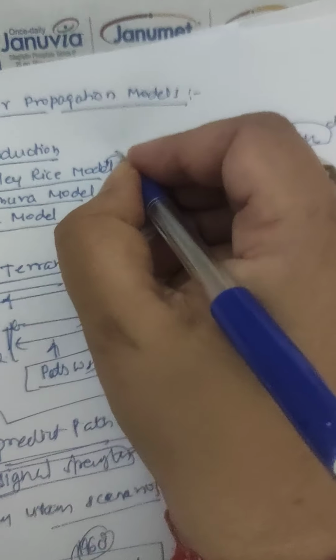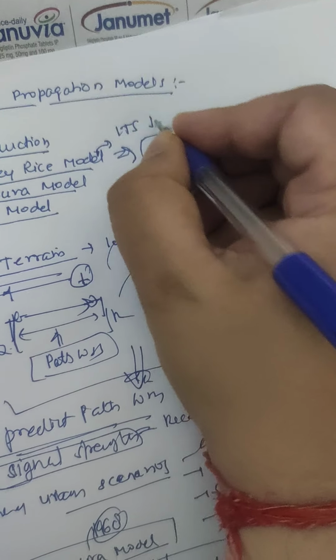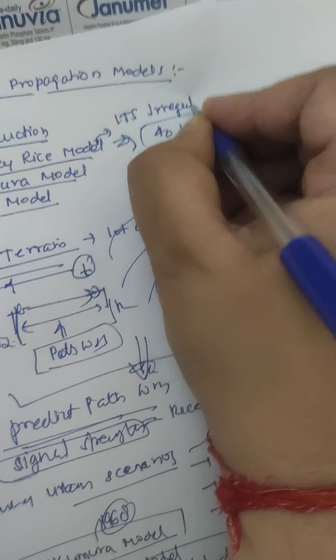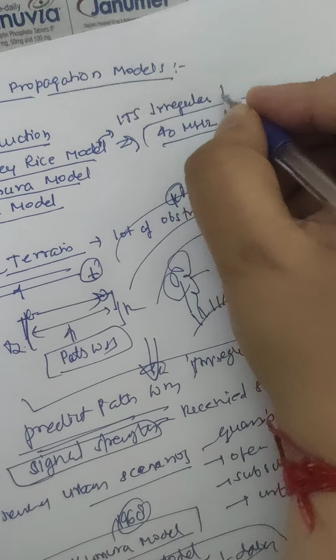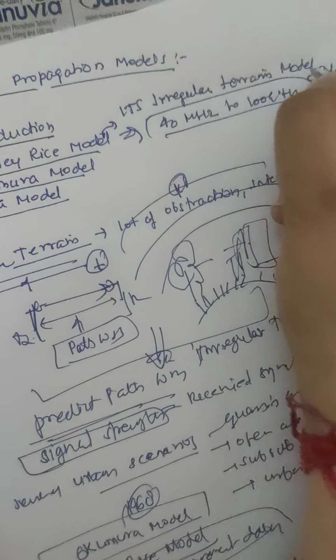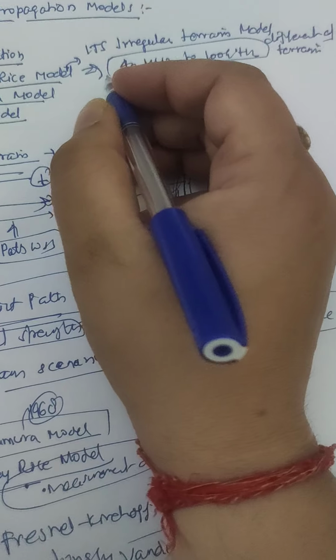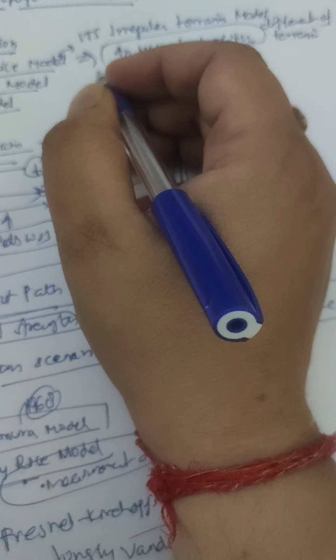So it has one more name, called the ITS irregular terrain model.